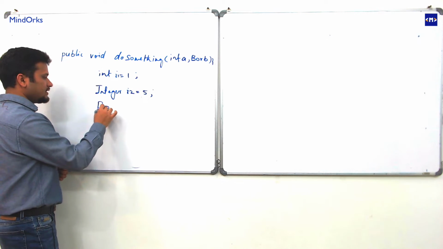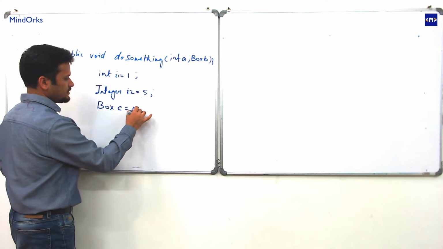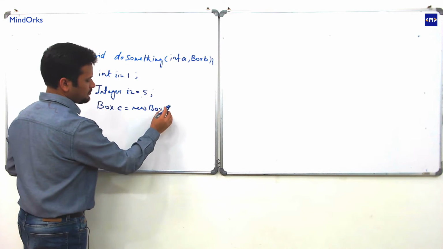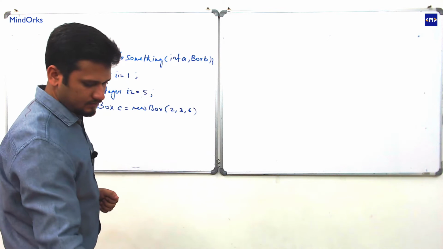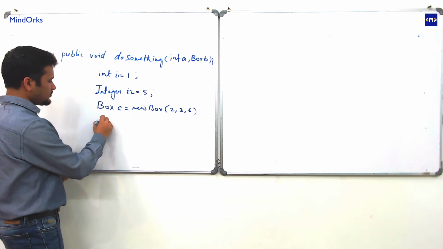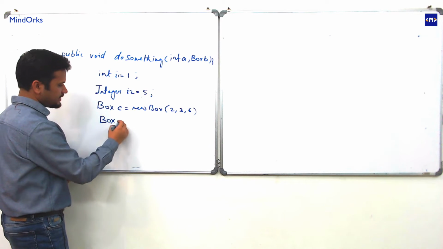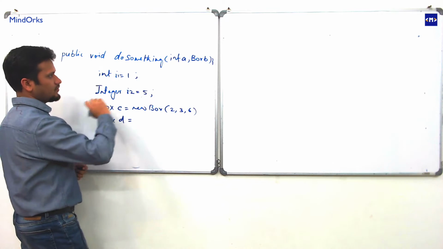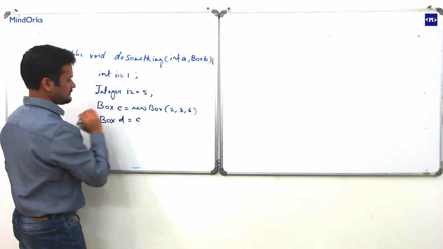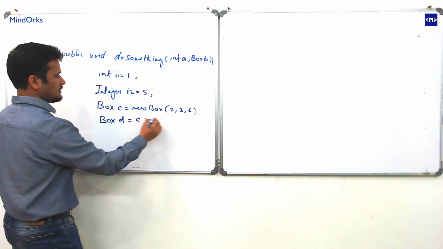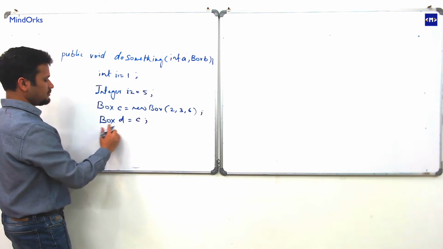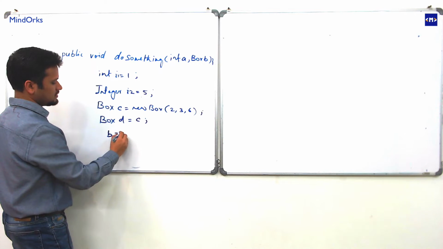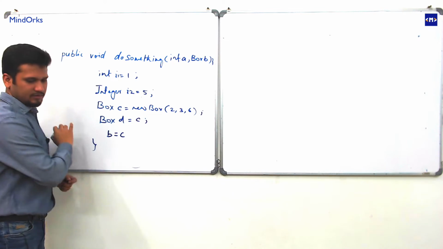Now I'm going to create another Box c, which is new Box, providing the length, width, height. Now I'm going to create another variable which takes, for example, c. Now I'm going to make b equals c.